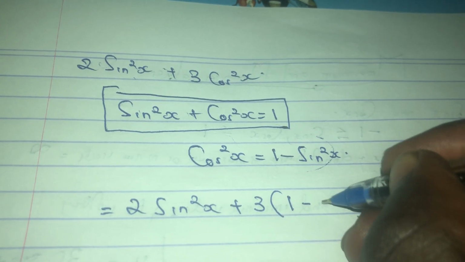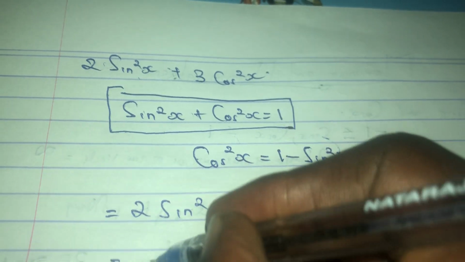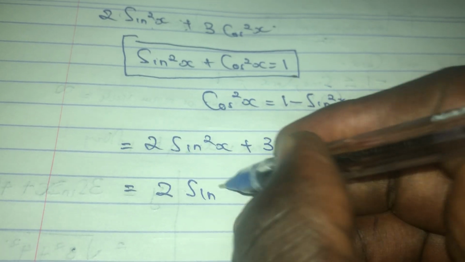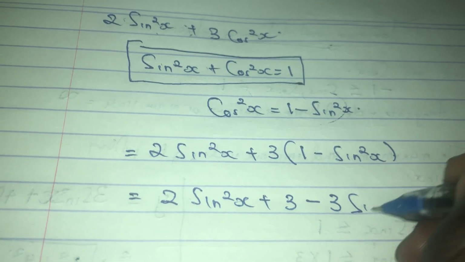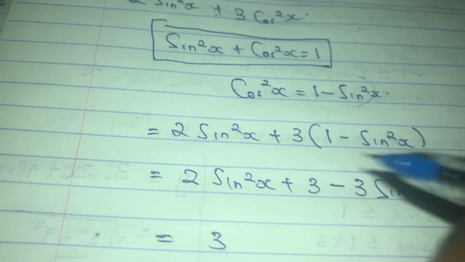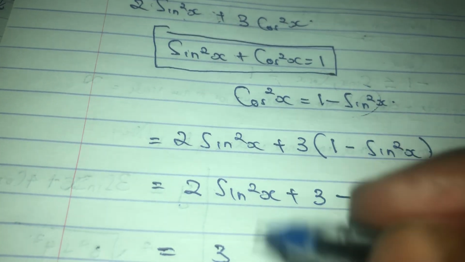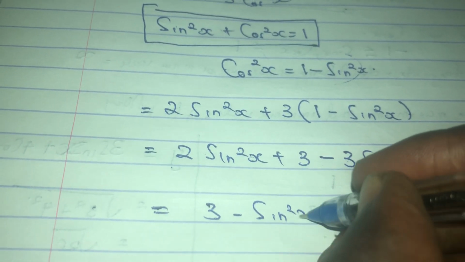It is 1 minus sine squared x. So this will leave us with 2 sine squared x plus 3 minus 3 sine squared x. Are we together? So this leaves us with 3. This is 2 minus 3, which is minus 1, which is minus sine squared x.